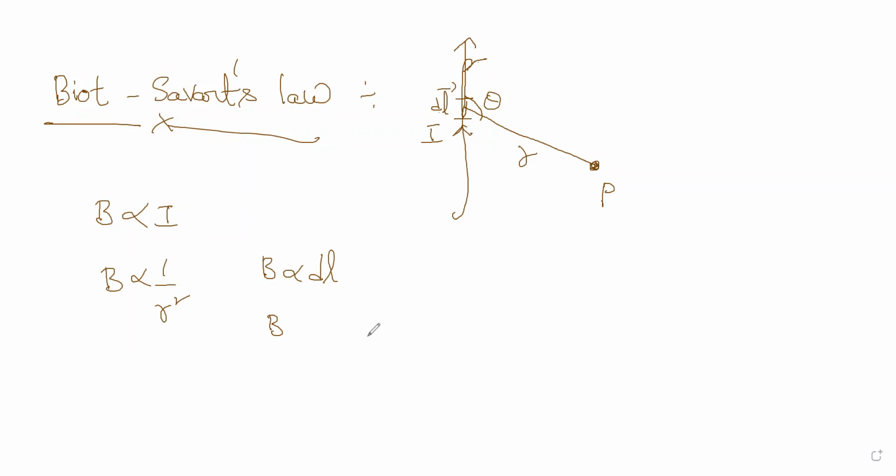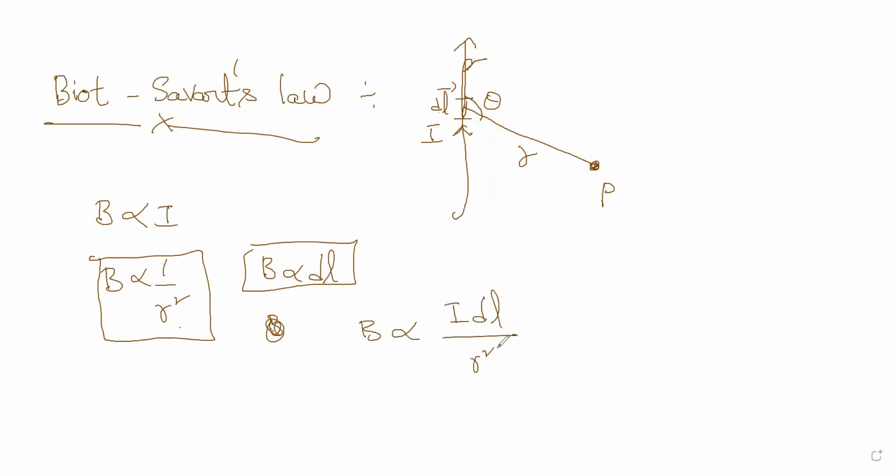These are the three things you have to remember: I, dl, and the distance. So B is proportional to I dl by R square, as simple as that.